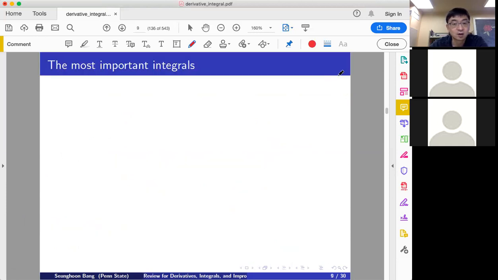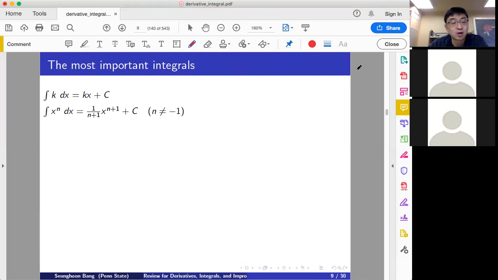The next thing, you need to memorize the most important integrals. So the integral of k x dx, what's that? Yeah, kx plus c. The integral of x to the n dx is 1 over n plus 1 times x to the n plus 1, plus c. In this case, n is not equal to minus 1.